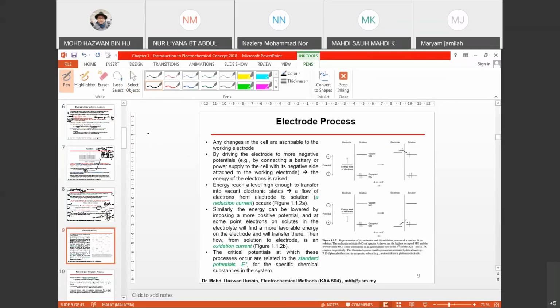Imagine that you have a cell with electrodes, metals for example, connected to each other, and then you have electrolyte. Let's say we are talking about a galvanic cell. You have aluminium over here, and iron over here.